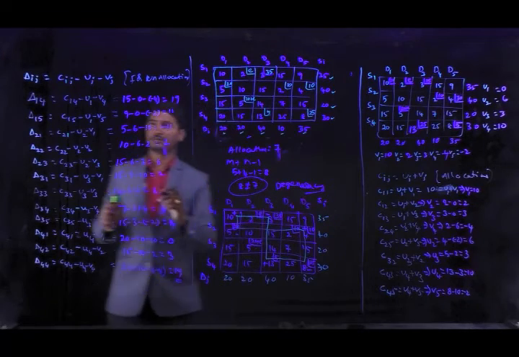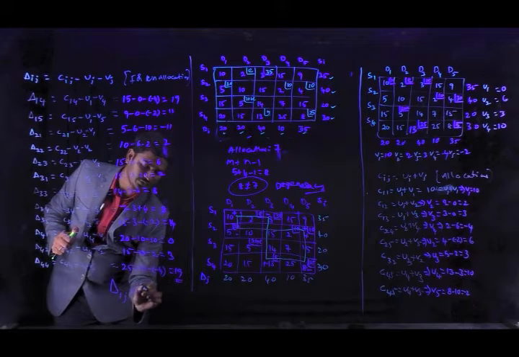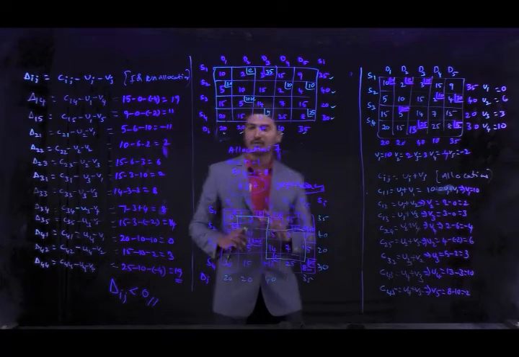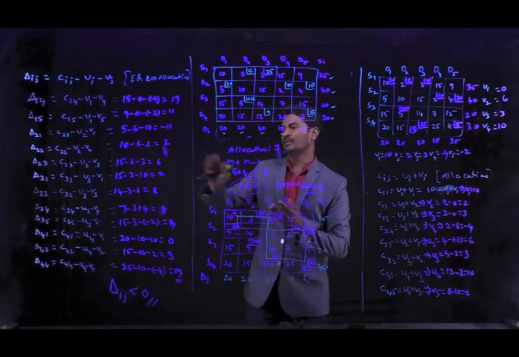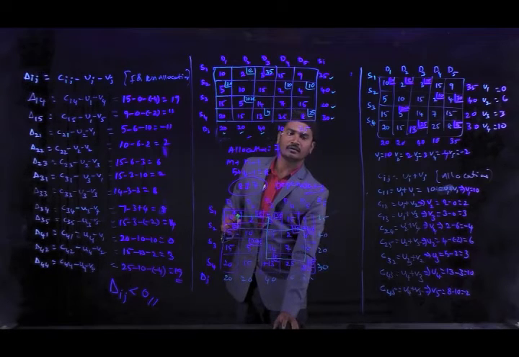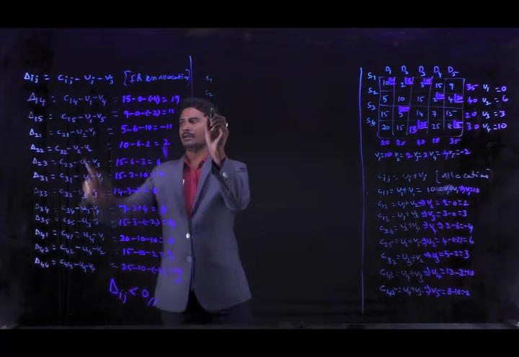So the delta Ij is less than 0. Again we are going to draw the loops for this negative sign. Here we have the negative value at D21.